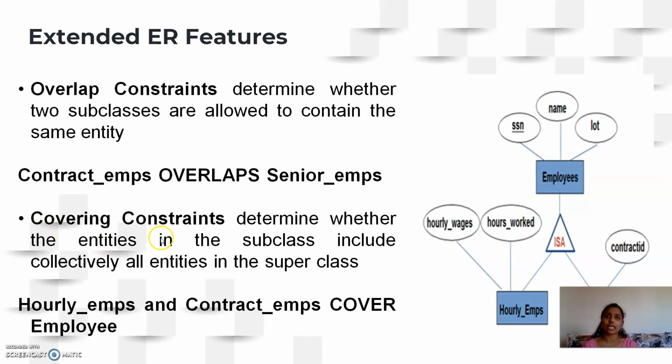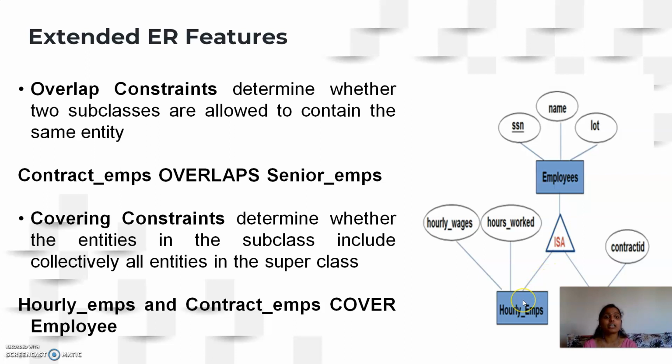So here coming to the covering constraints, these will determine whether the entities in the subclass include collectively all entities in the superclass. So here what do you mean by this? If I consider these two subclasses, which are hourly employees and contract employees, these are two entity sets under this employees entity set.